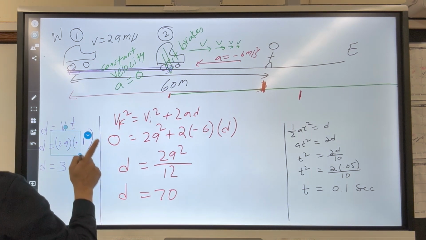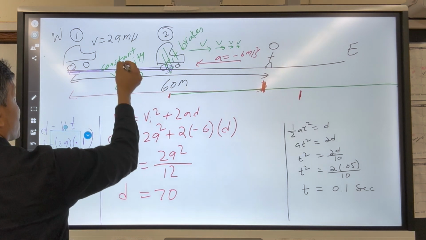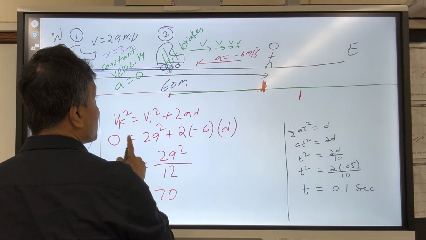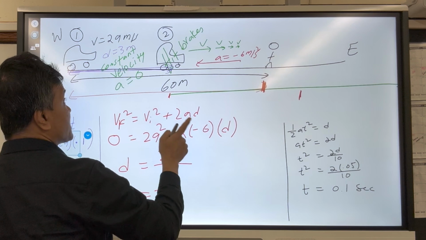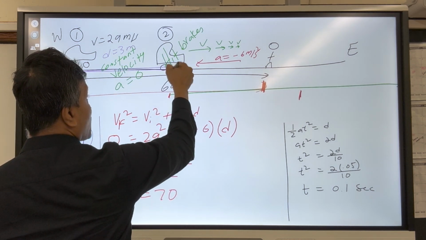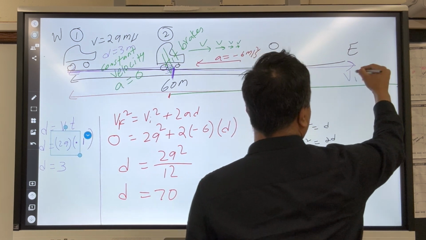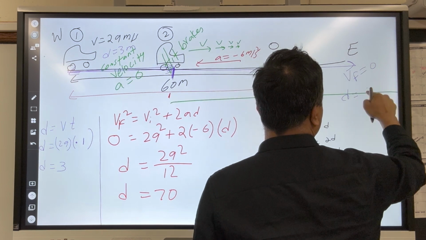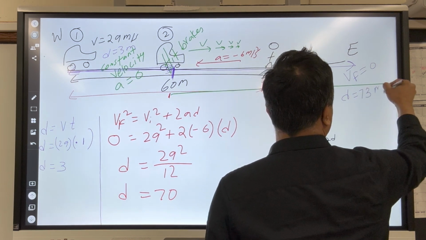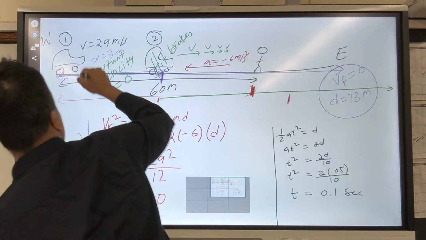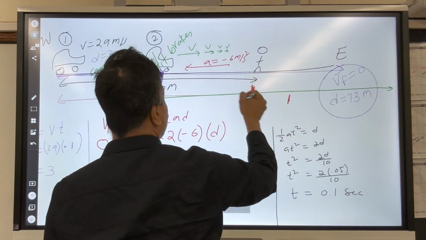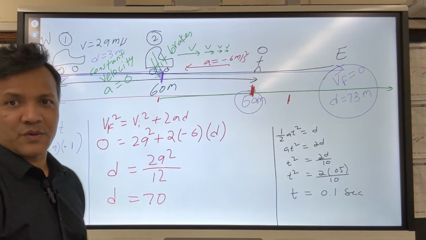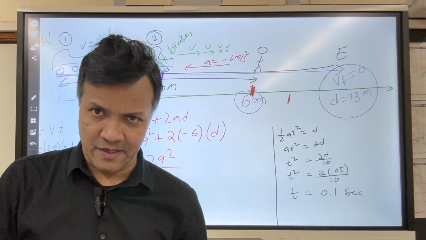After 3 meters moving with constant velocity, you hit the brake, and after 70 meters from where you hit the brake, you stop. Your final velocity is 0 at D equals 73 meters from here. But Mr. Body is at 60 meters from here. So you did not save Mr. Body. Okay, but you try.